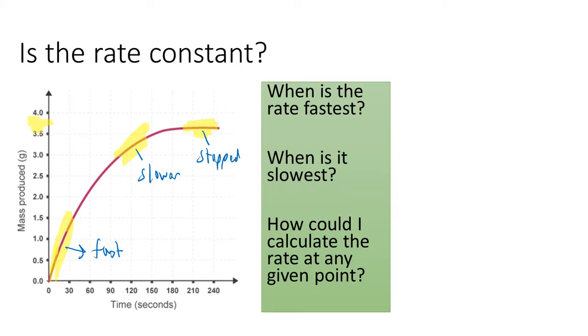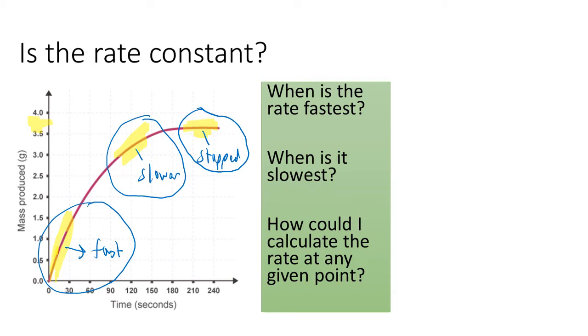So it may be that a lot of those particles that are colliding, here there's lots of particles, or they're close together or whatever. Here there's less particles, so the reaction slows down. And here, the reaction has stopped because all the particles of one of the chemicals have been used up. So what I'd like you to do is sketch that graph neatly and make sure you're answering those questions, especially the first 2.